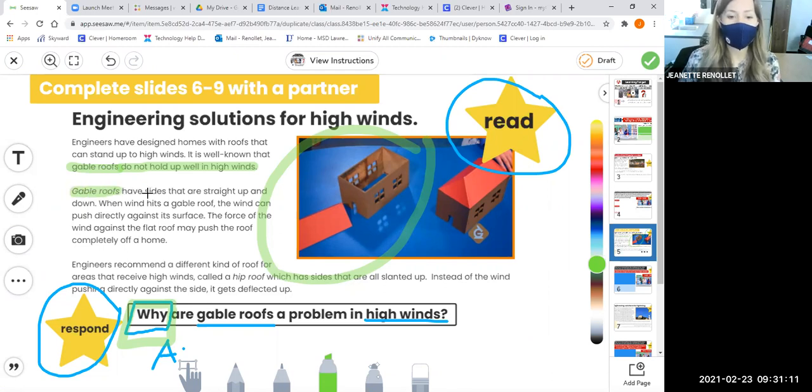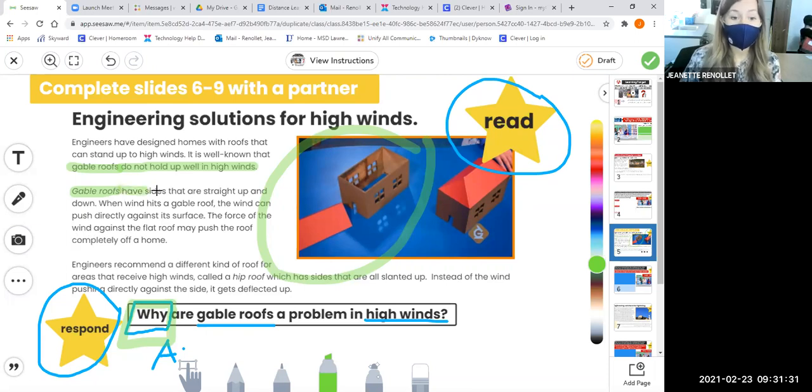Gable roofs have sides that are straight up and down. When the wind hits a gable roof, the wind can push directly against its surface. The force of the wind against the flat roof may push the roof completely off a home.